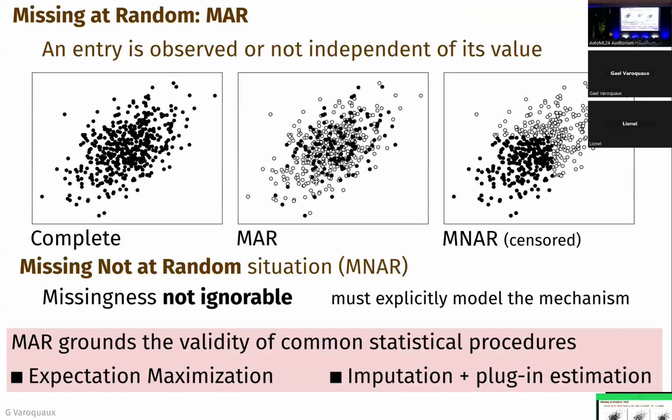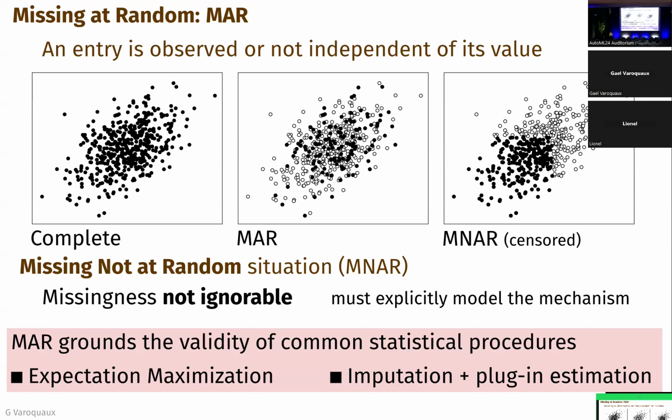Okay, so I'm not going to go too much into the statistical results behind imputation, but I still think that it's very important to take a statistical point of view on the different things that we do.